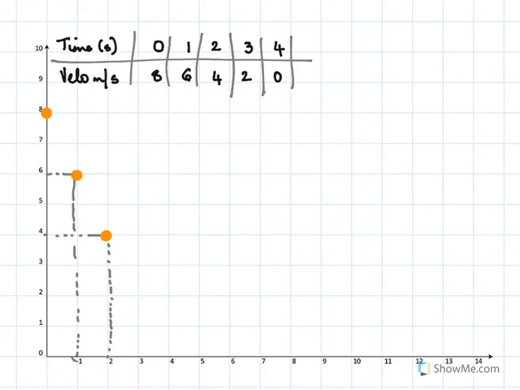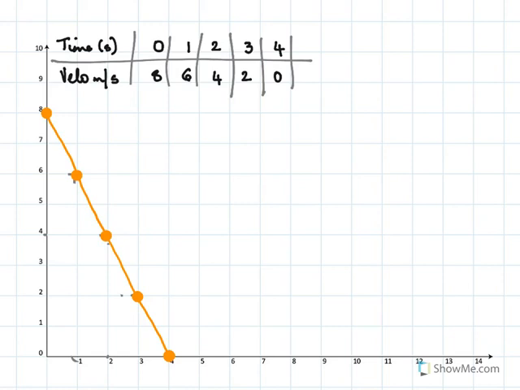Then at 3 seconds it is 2. Then at 4 seconds the velocity is 0. So this is the point. Okay, I will join the points.